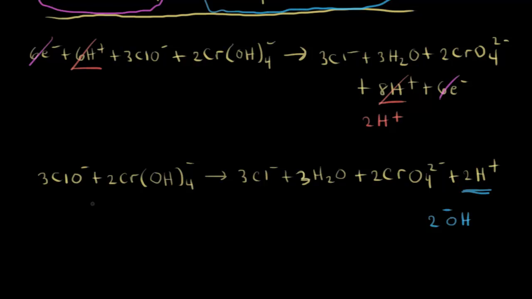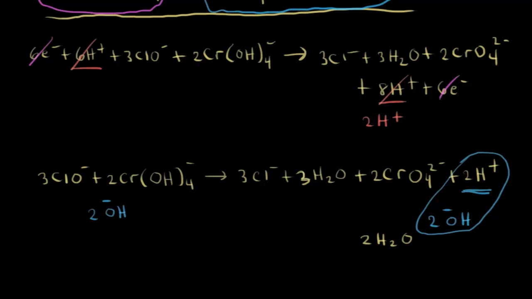So since I added 2 hydroxides to the right, I need to add 2 hydroxides to the left. Now let's think about what adding those hydroxides to those protons will do. They will neutralize each other. If you take H plus and OH minus, you will get H2O. And we're going to get 2 of them since we're neutralizing 2 protons with 2 hydroxide anions. So on the right side, we're going to get 2 water molecules.